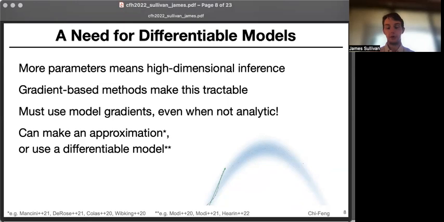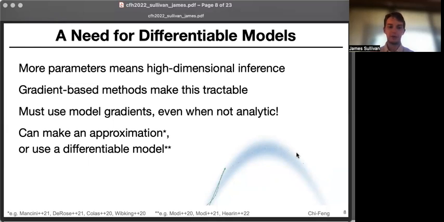One way you can do this is through approximation. You can approximate the model and then get the gradient that way, or approximate the derivative through something like finite difference. Another way you can do this is by using a differentiable model or differentiable simulator. Both of these strategies have been embraced recently by different people.